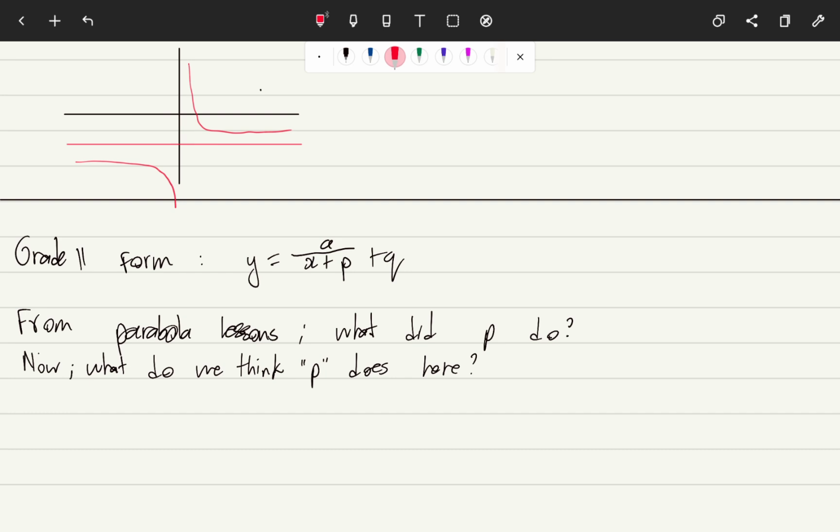I also want to say that coming to the grade 11 materials, we have a new member, we have p. We'll talk about p. What I was saying with the quadrants is that as we include p, p is the horizontal shift.